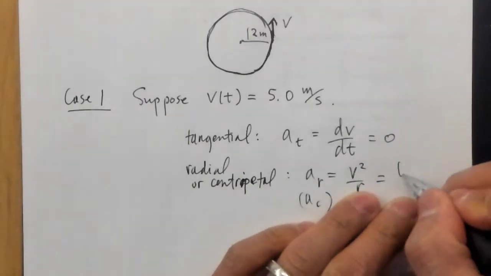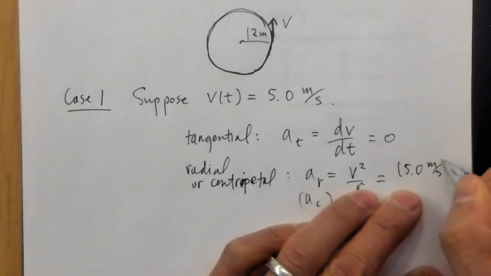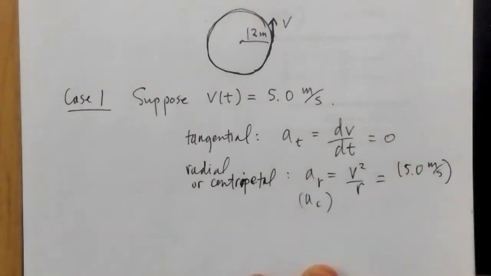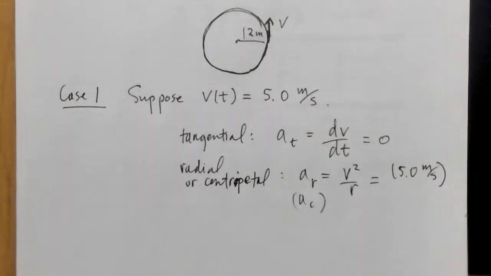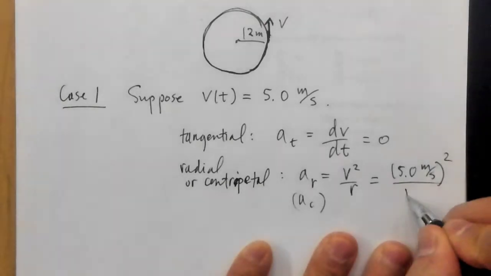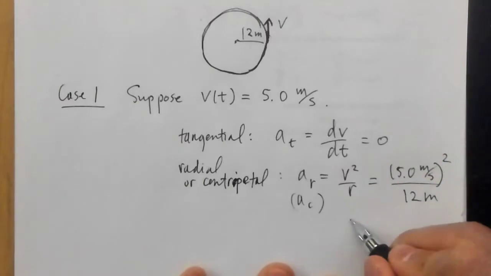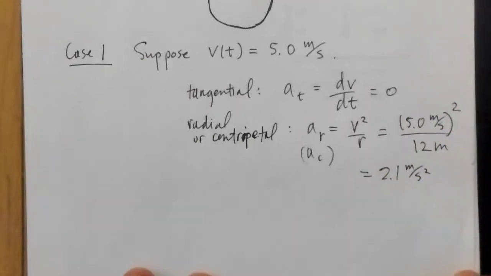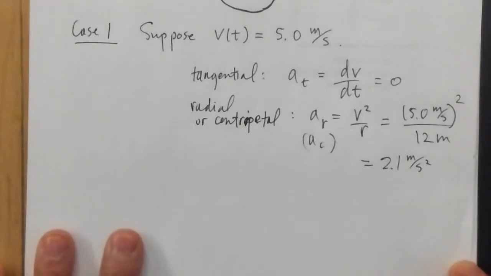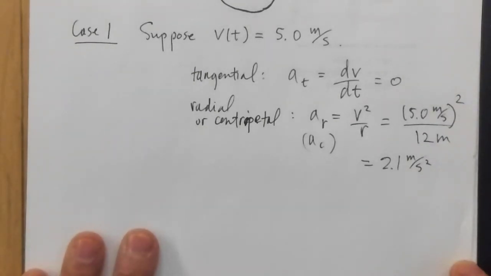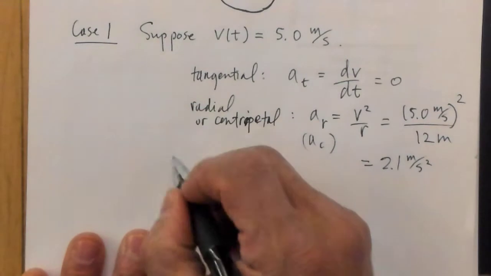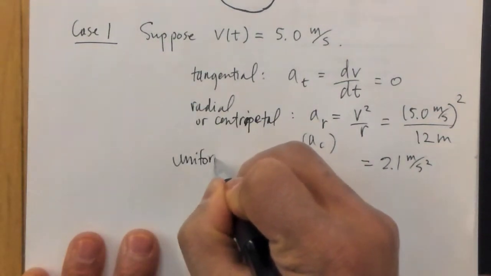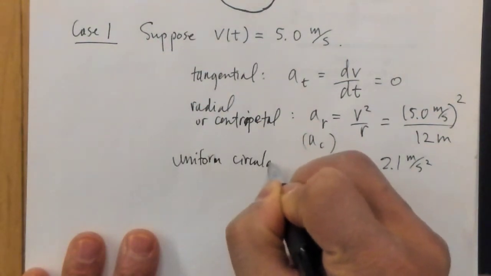And so we have 5.0 meters per second for the speed at t equals to 0. It's actually that for every value of time. Square that, divide by the radius, which is 12 meters, and we get 2.1 meters per second squared. Okay, everybody's good on that? That's pretty quick. So this is uniform circular motion, because it's constant speed, uniform circular motion.